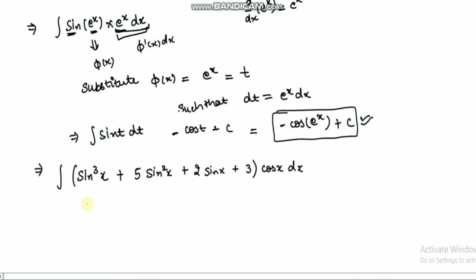Just observe that function. What we have here is sine of x and its derivative sitting with dx.